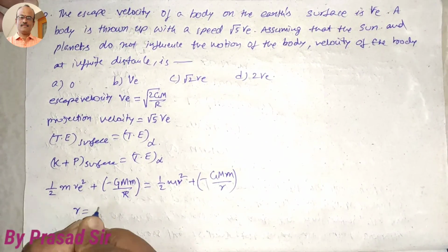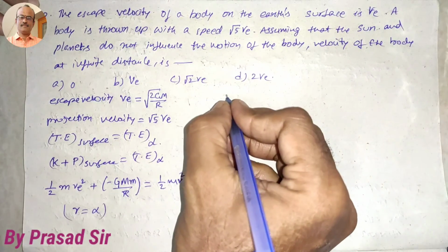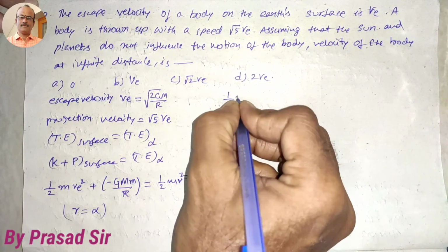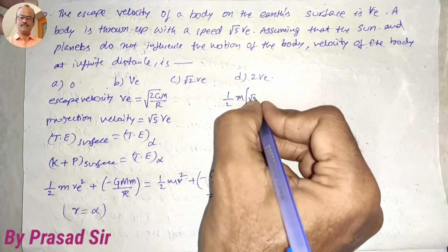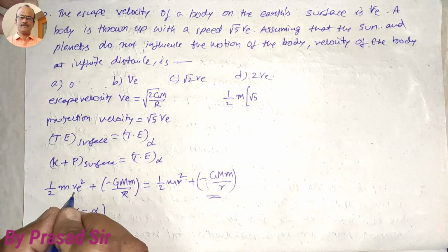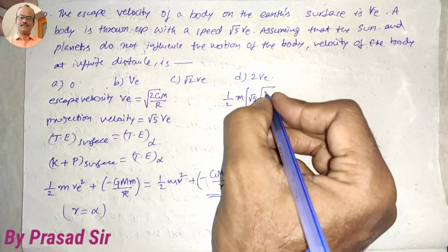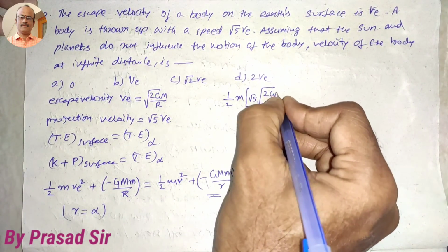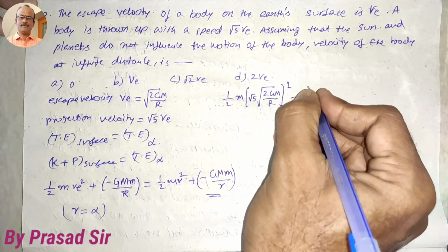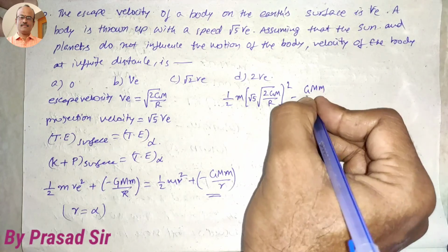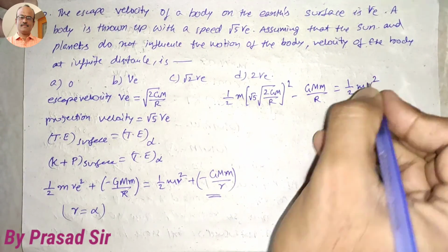But here r is equal to infinity, so that means this term becomes 0. So what happens here? Half m into escape velocity, how much here? Root this velocity of projection, that is root 5 times square root over 2 capital G capital M divided by r whole square, minus capital G capital M small m divided by r is equal to half m v square.